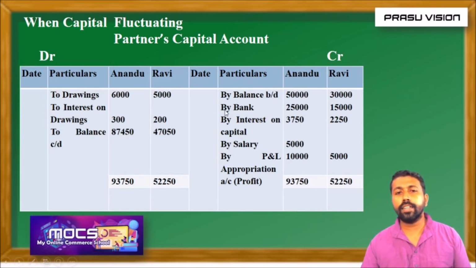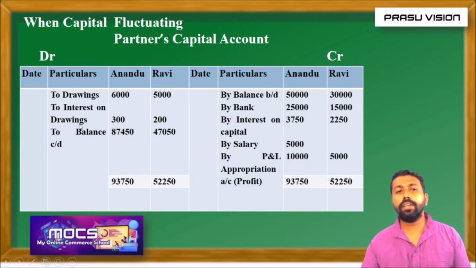Then we are writing the additional amount of capital brought by the partners by bank, 25,000 and 15,000. Then we are writing the new amount of interest on capital, 3,750 and 2,250. Then we are writing by salary of Anandu. Then by profit and loss appropriation, the amount of profit during the year, 10,000 and 5,000.